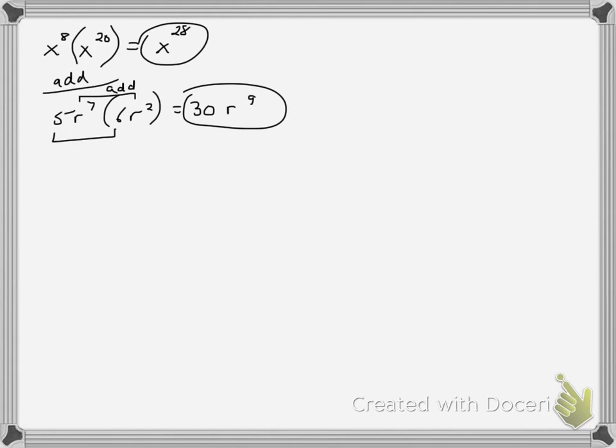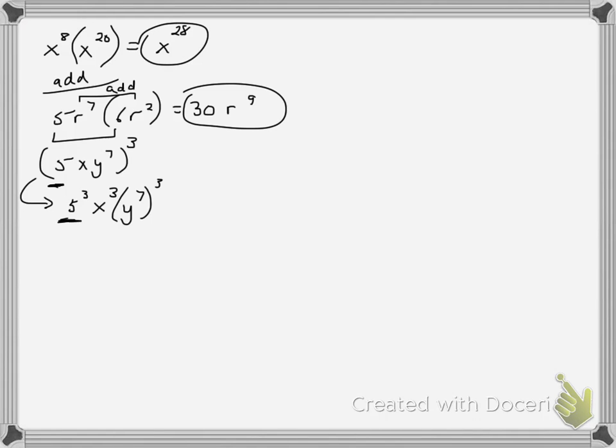The next example, (5xy to the 7th), cube it. And this is a little more challenging when we're thinking about it this way. You don't have to write this step, but we're thinking about it: 5 cubed times x cubed times (y to the 7th) cubed.